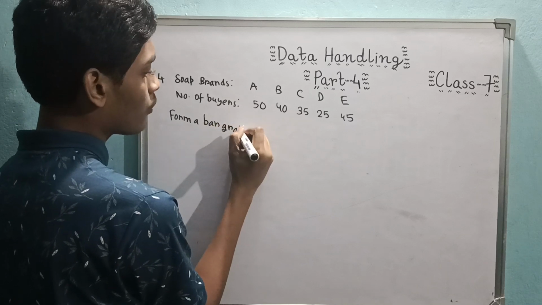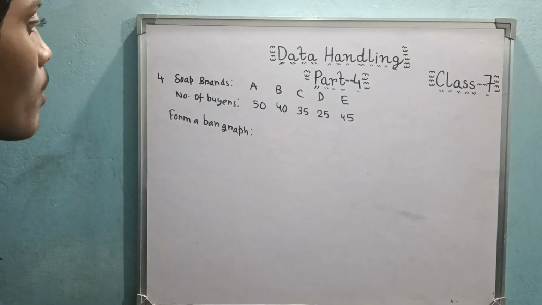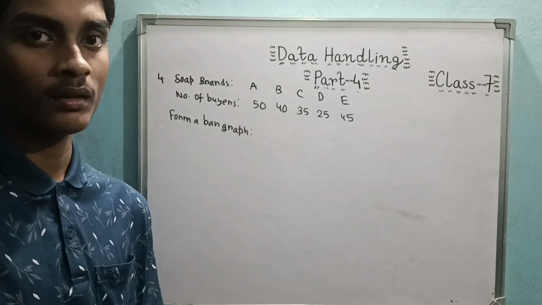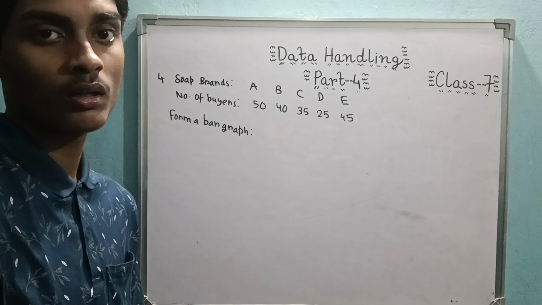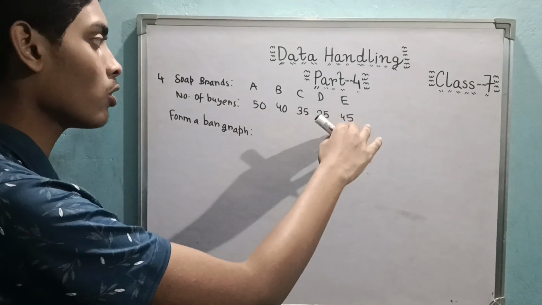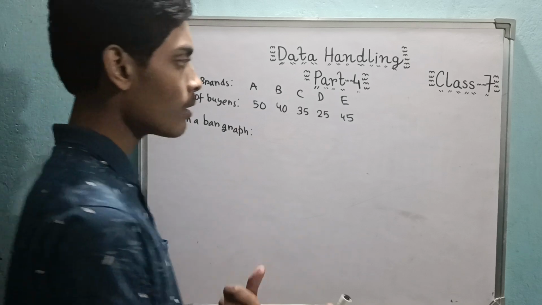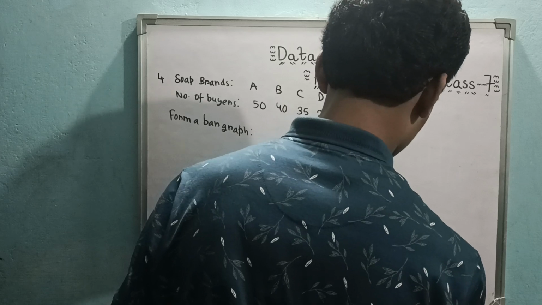So now see here the frequency is not directly given, it is number of buyers. So obviously number of buyers means what? Quantity of brand A. How much brand A is bought? And this is the frequency column. This is my data values A, B, C, D, E. So let's form a normal bar graph. This is my format of bar graph.